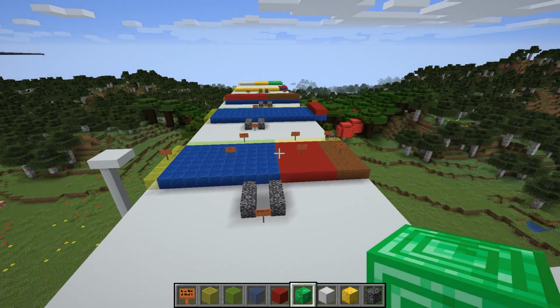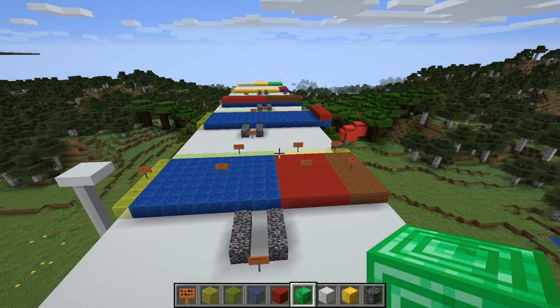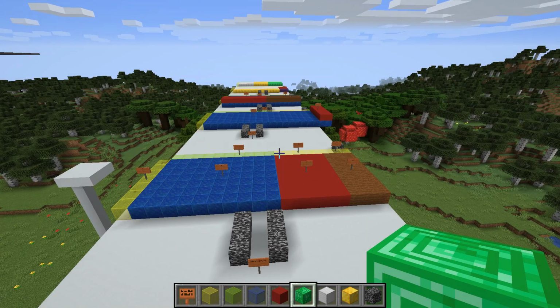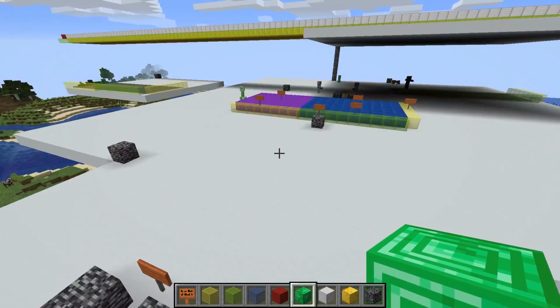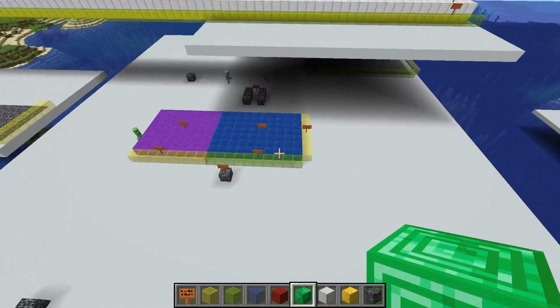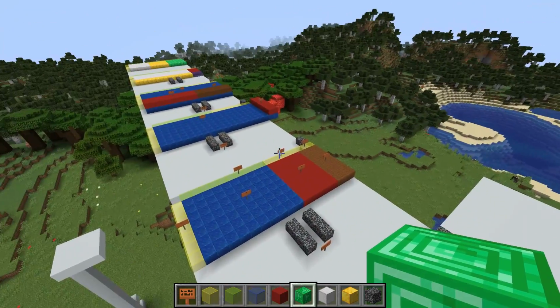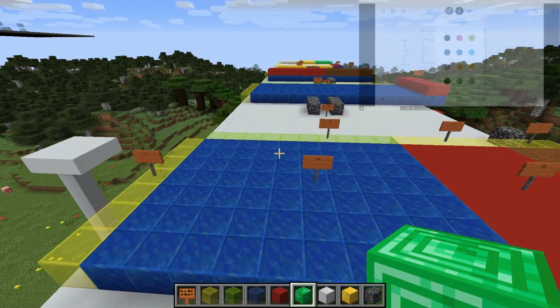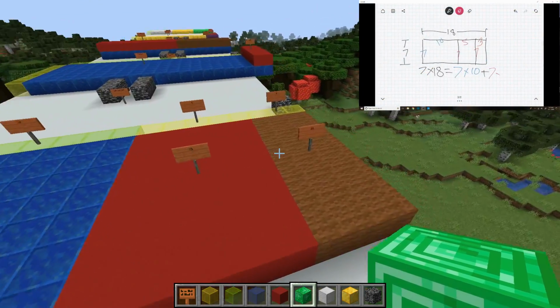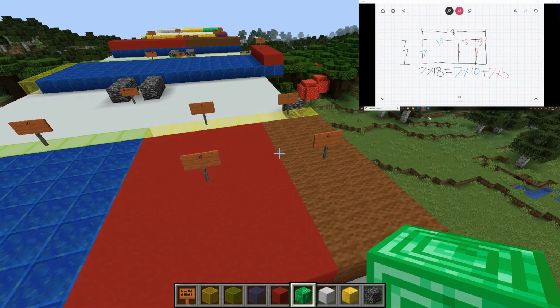So that's how we usually do multiplication of large numbers, but you can also break this up a number of different ways through something called the distributive property, where you're distributing the sides in the multiplication. We can take the exact same area, our 7 by 18, and instead of breaking it up that way, we can break the 8 up into 2 pieces, because maybe 8 times 7 is hard for you.